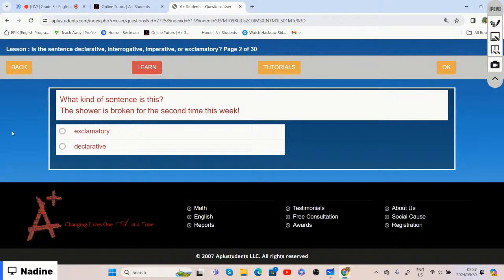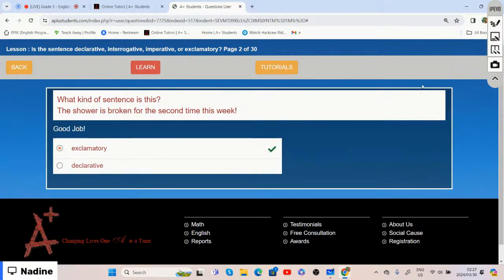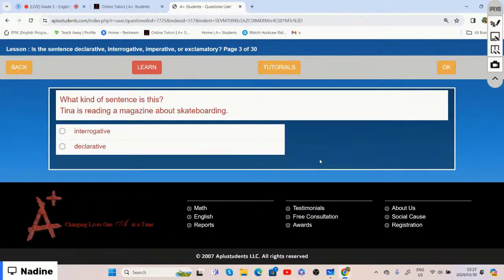All right. So, yes, if we choose the correct type of sentence, we can say it's an exclamatory sentence, right? And it ends with an exclamation point. We need to say what kind of sentence this is. It says, Tina is reading a magazine about skateboarding. What kind of sentence is that?